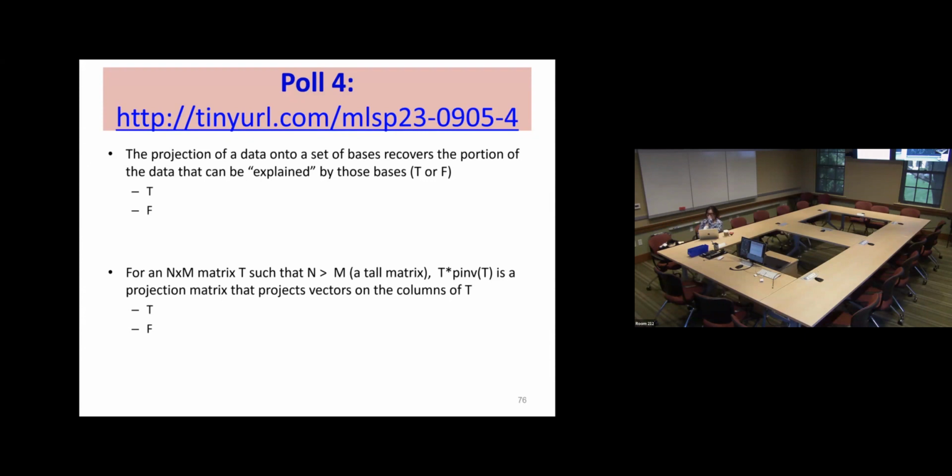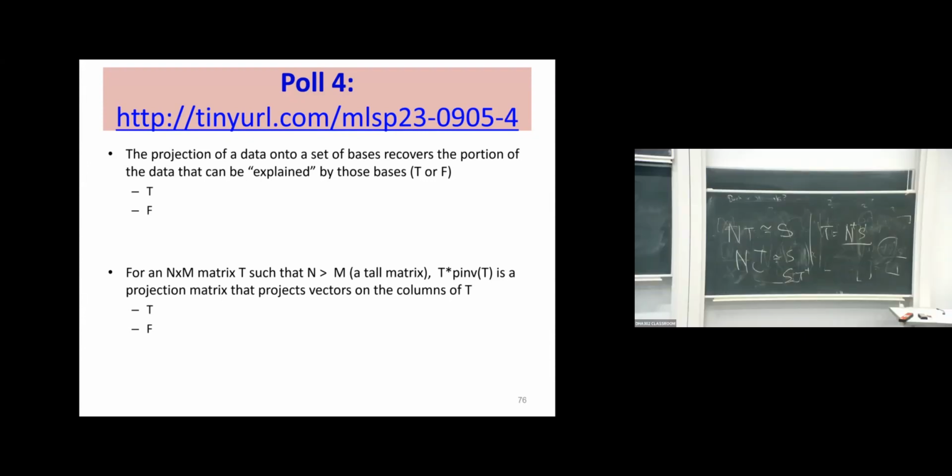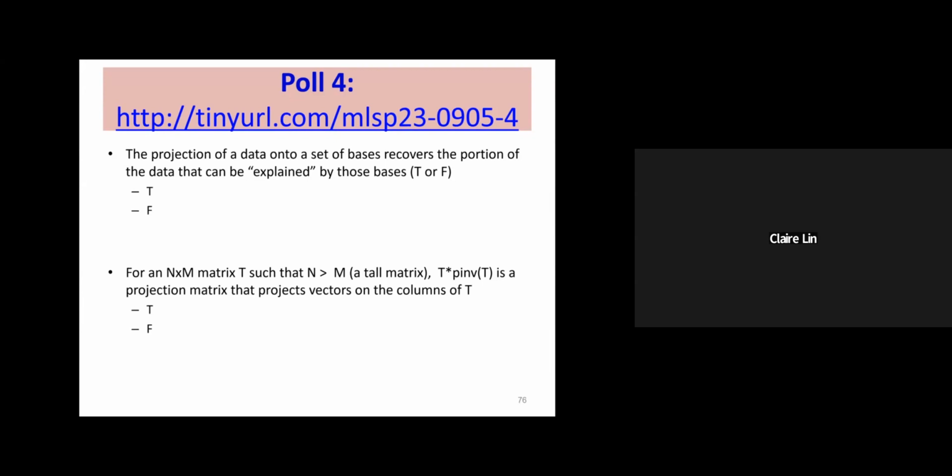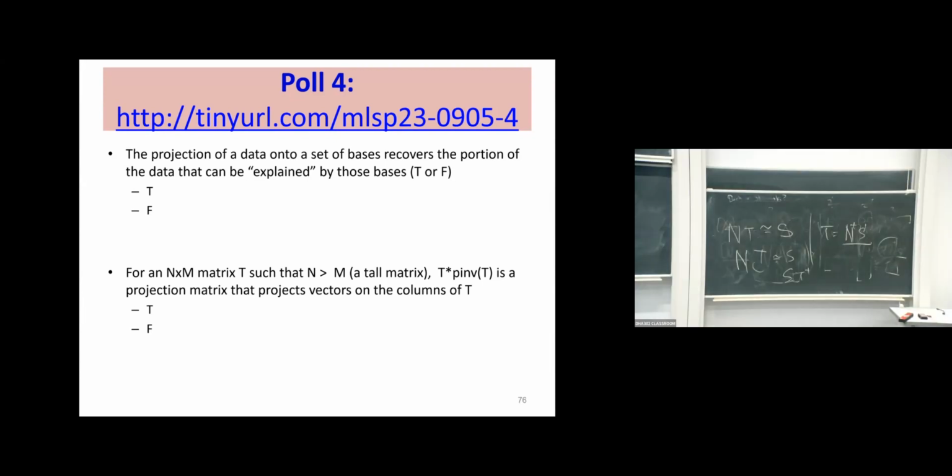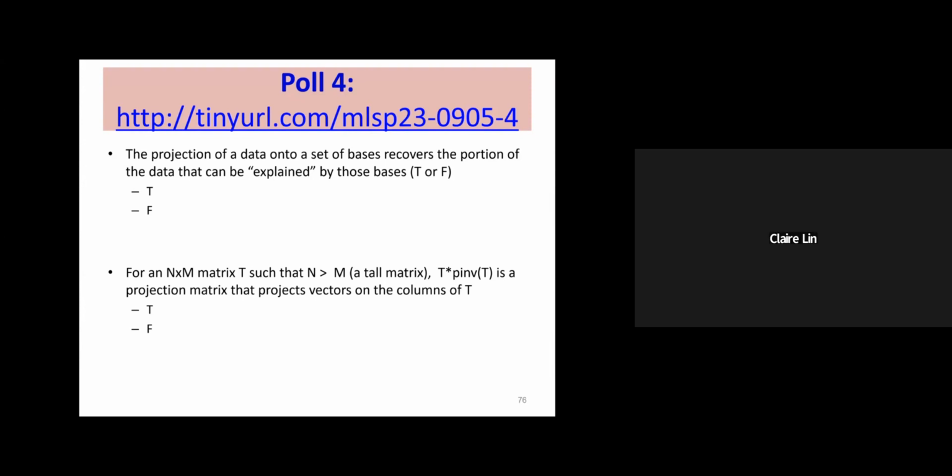So T times pseudo inverse of T: if I think of the music example, my tall matrix is my matrix of the four nodes. T times pseudo inverse of T is a projection matrix that projects the music onto those four nodes. It's telling me how I can mix the columns of T, the nodes, to come up with the best approximation to the music. Does it make sense?